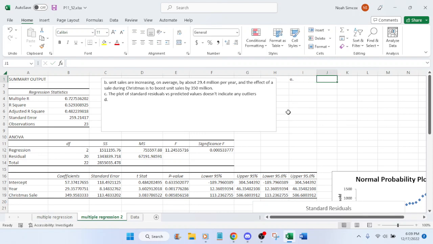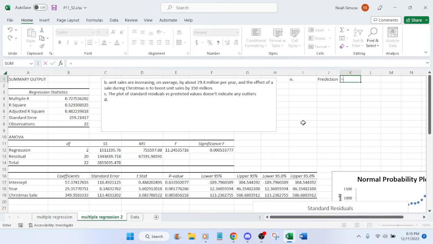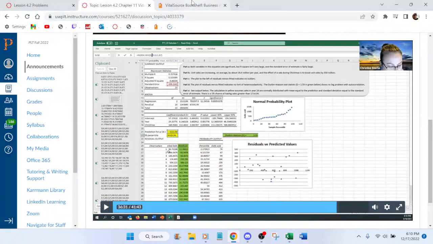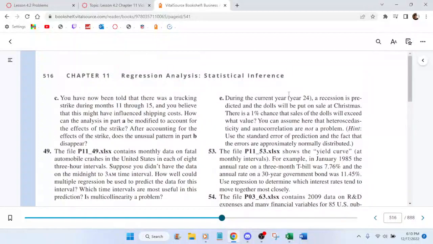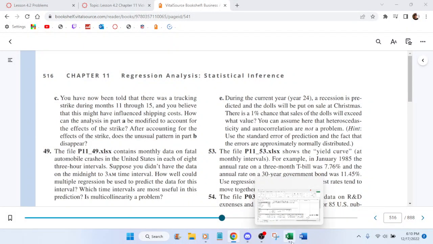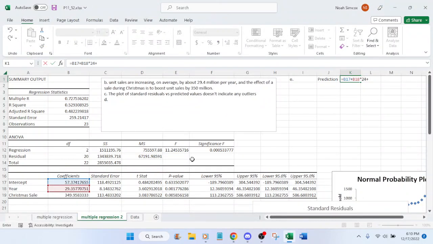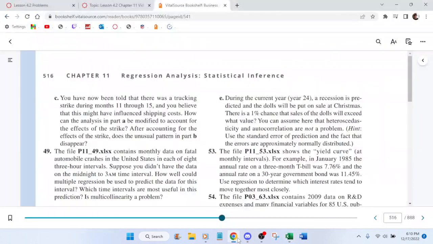We need a predictive value. Prediction is going to equal this plus the year times what year? 24, plus the Christmas sale times, is there a Christmas sale or not?